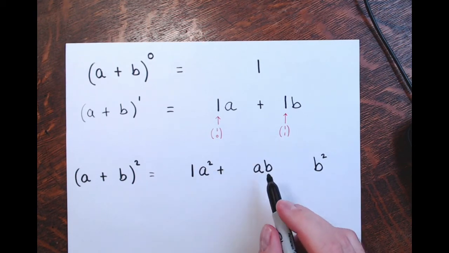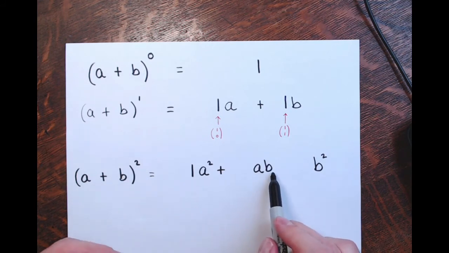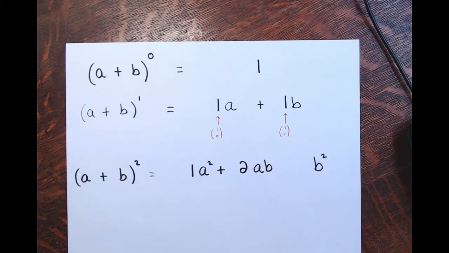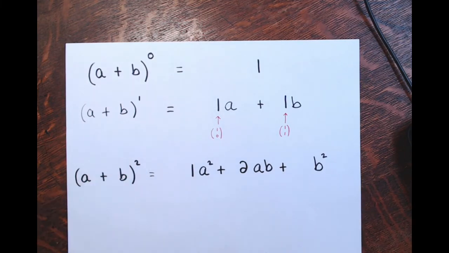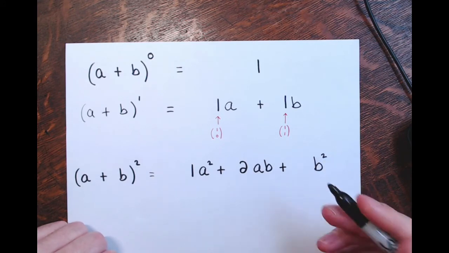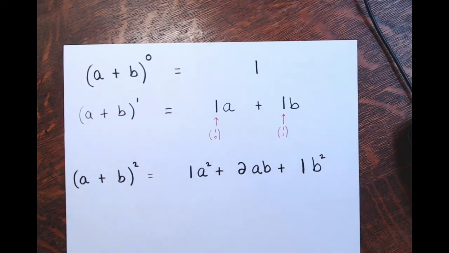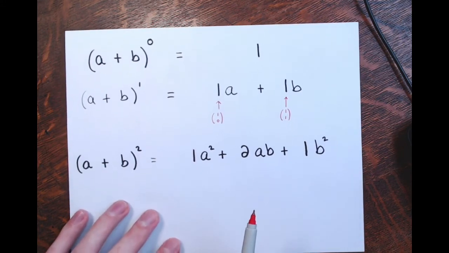Plus, how many strings of length 2 can you form with A and B with one A and one B? Well, I can do A then B or B then A. So there are two strings like that. Plus, how many strings of length 2 can I form with A and B where there are two B's, right? B squared here, BB. And that's it, just B and B. So just one. And again, let's just say we're choosing the B's here.